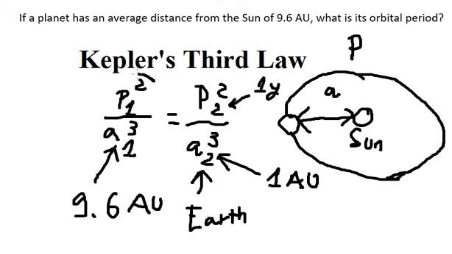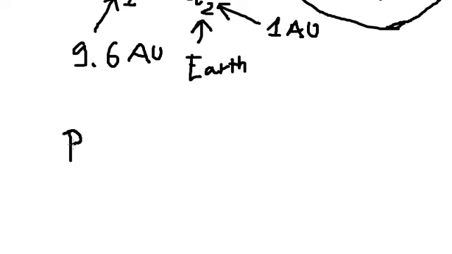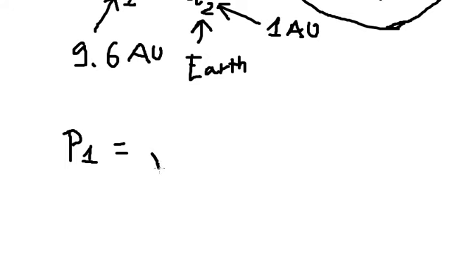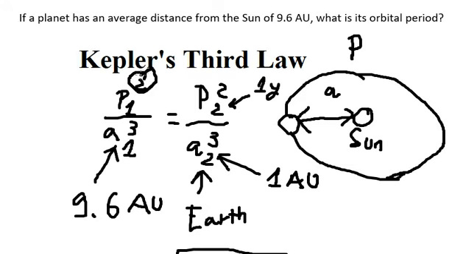Now we need to find P1 squared in here. So we put A1 to the power of 3 to the right, and later we take the square root because we have the power 2 in here.